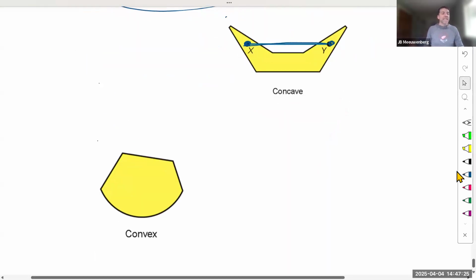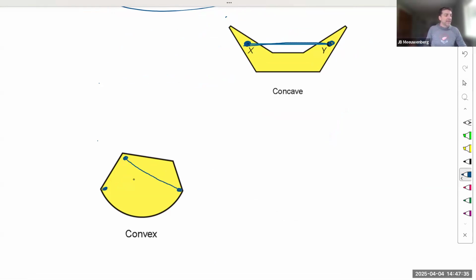Convex never comes in on itself. You can pick two points anywhere in this figure, connect them with a line, and it'll never exit the figure. So those are convex figures.